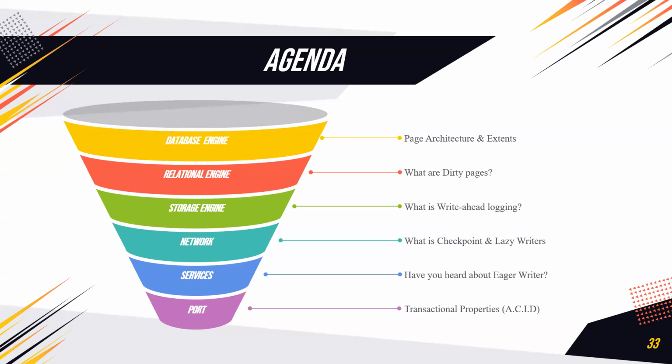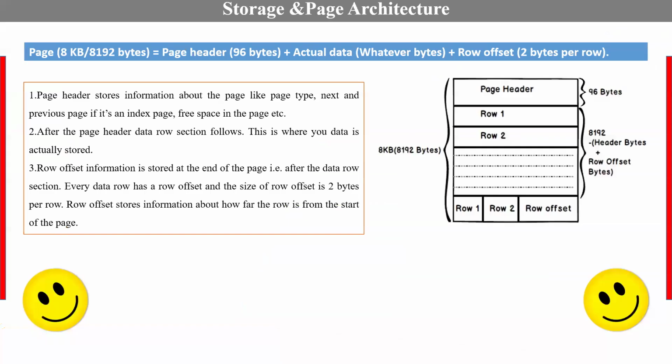Now, one of the most important concepts when you go for storage is how our data is stored. In SQL Server, in simple layman's terms, your data is stored in the form of pages.